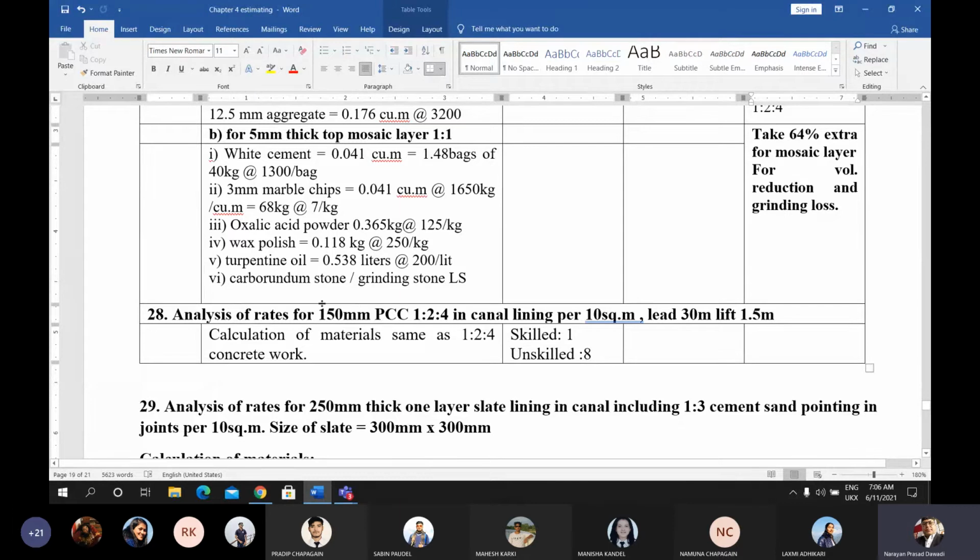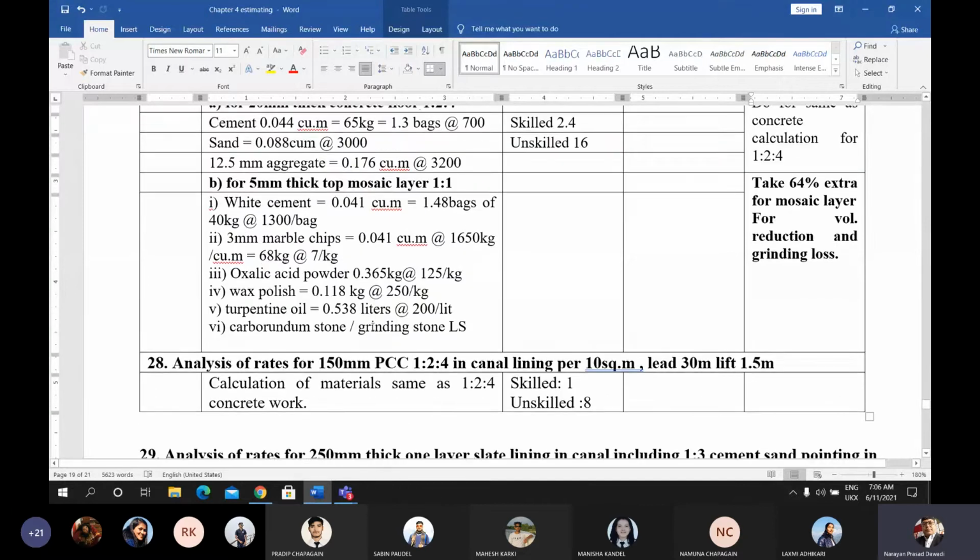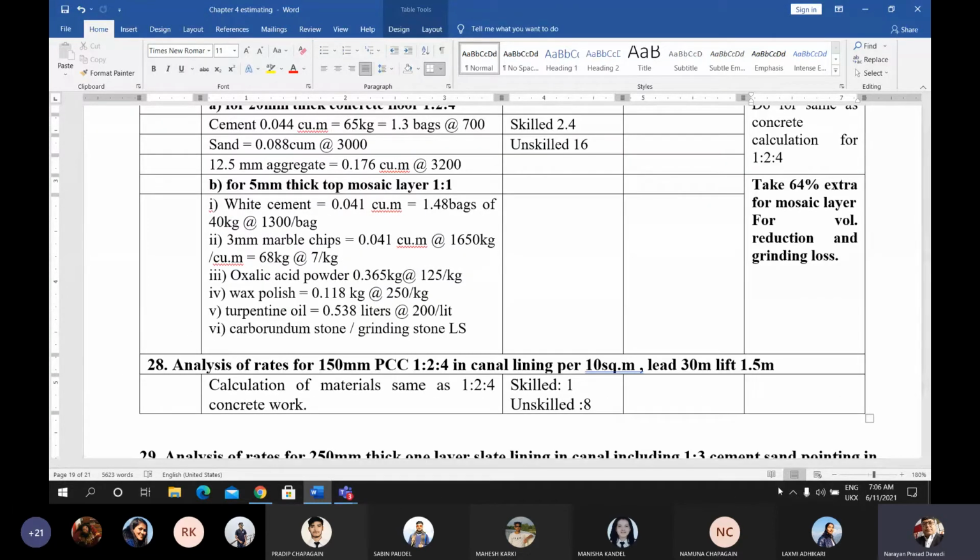Now, analysis of rates for 150 mm PCC 1:4 in canal lining for 10 square meter, lead 10 meter, 30 meter, lead 1.5 meter. This is the canal work, and this is for lining purpose using concrete lining. PCC, plain cement concrete lining, which is 150 mm thick. Calculation of material is the same as 1:2 concrete work.